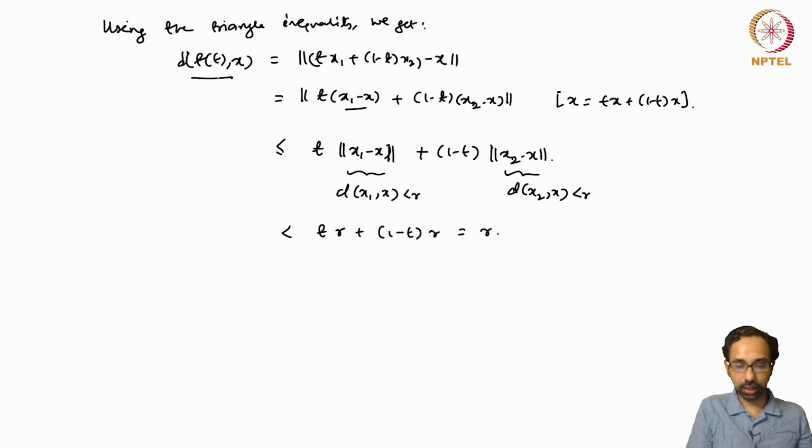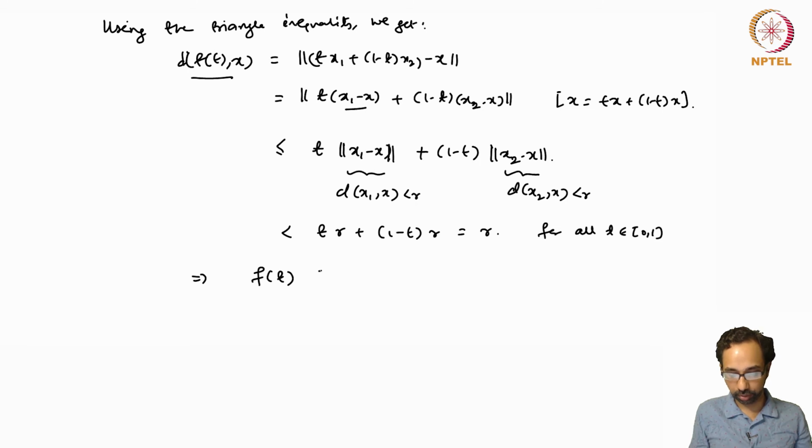So we see that the distance between f(t) and x is strictly less than r, and this is for all t in [0,1], which means that f(t) belongs to the open Euclidean ball with center x and radius r for all t in [0,1].